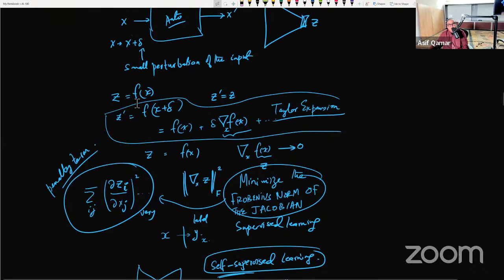So if you do a Taylor expansion, if Z is a function of X, and you introduce a small perturbation delta, what you're saying is Z prime should essentially be Z. And that is only possible if the gradient of the function with respect to x is zero. In other words, with small perturbations, the value doesn't change.